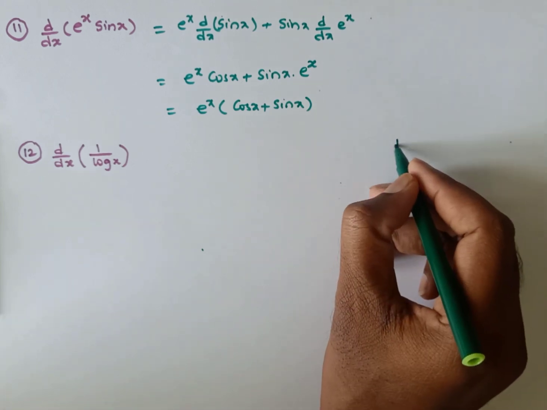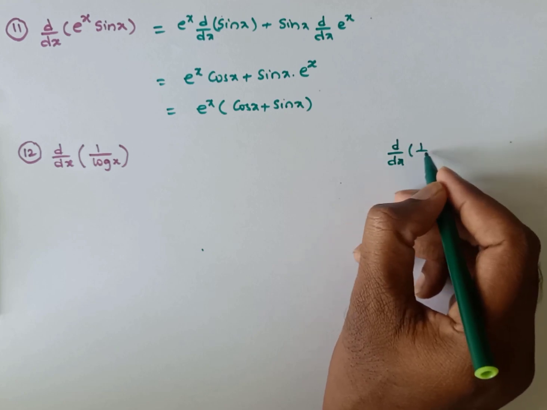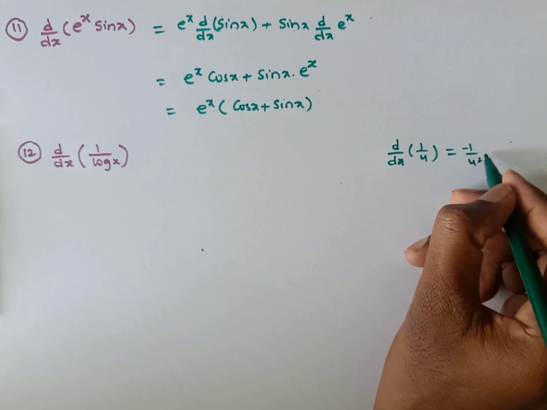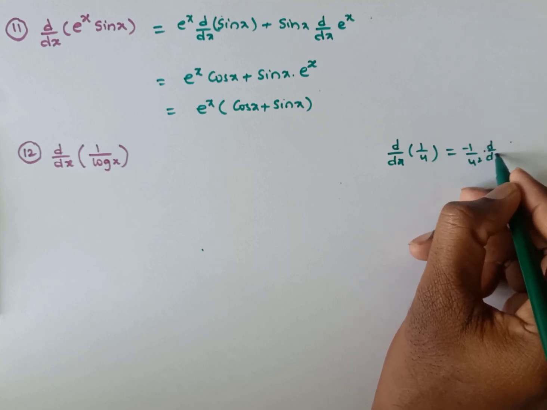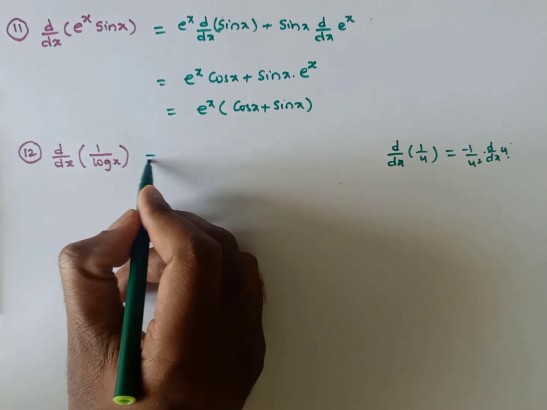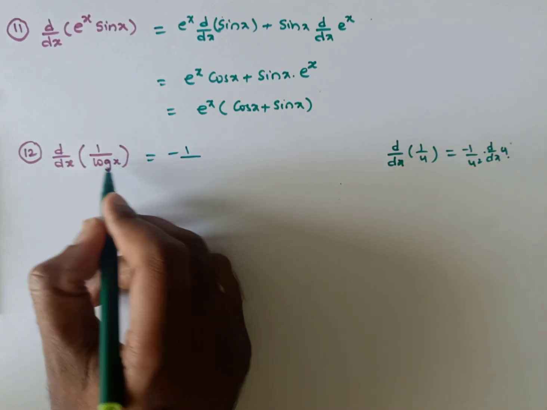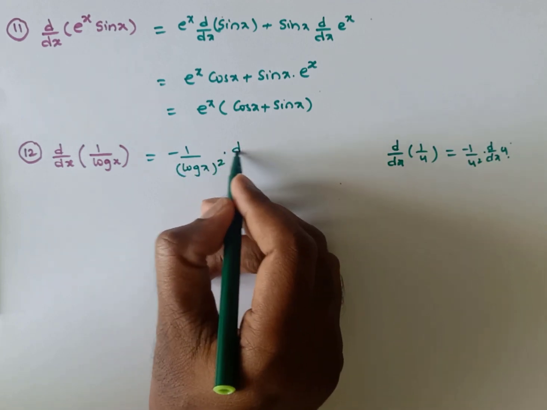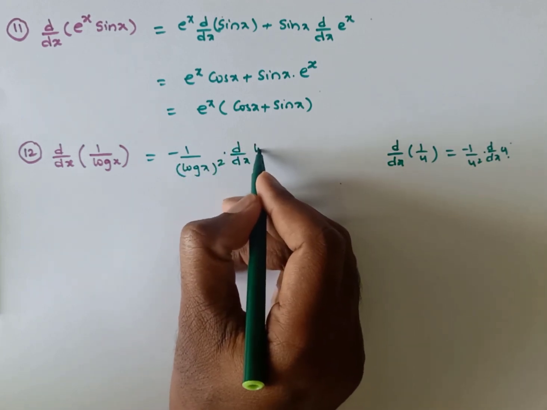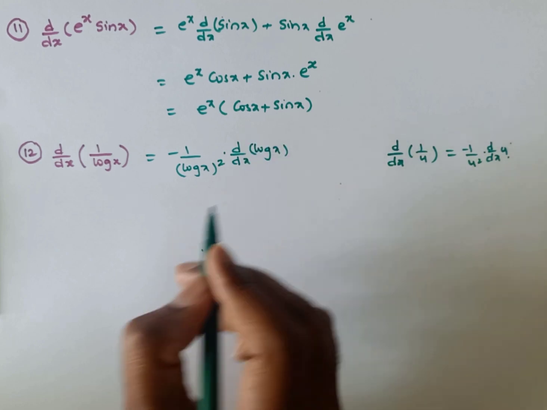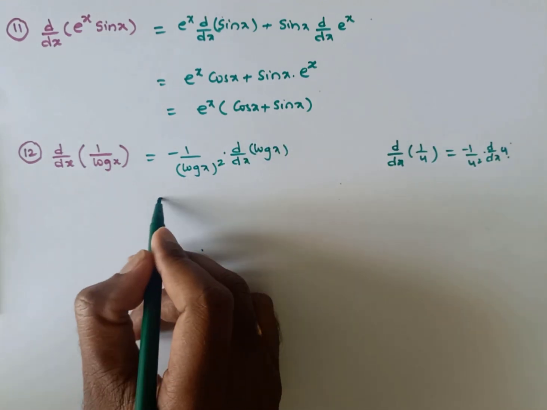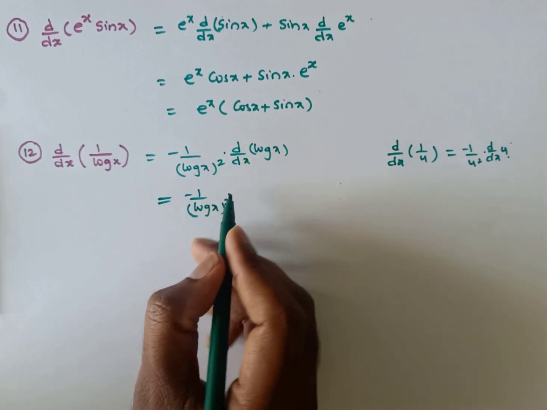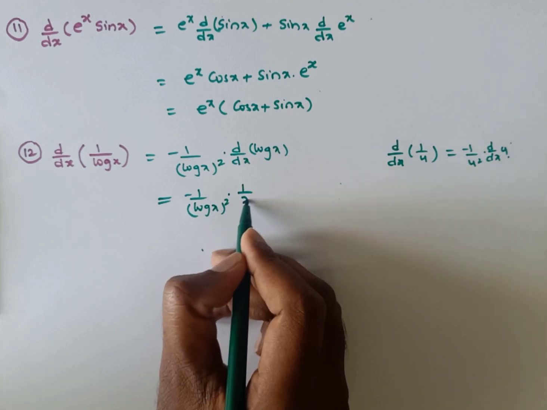For that formula, the example comes here. When we have d by dx of 1 by u, we get minus 1 by u square into the derivative d by dx of u. The same way here, minus 1 by log x whole square into d by dx of log x, not 1 by log x, it is the log x that is here, whose derivative we take again. So this is minus 1 by log x whole square into the derivative of log x, which we should know is 1 by x.